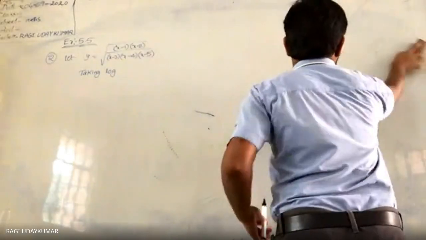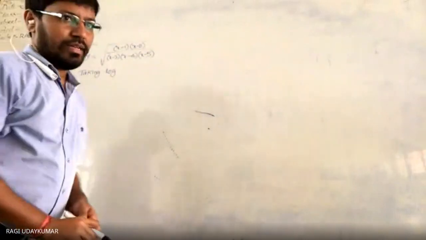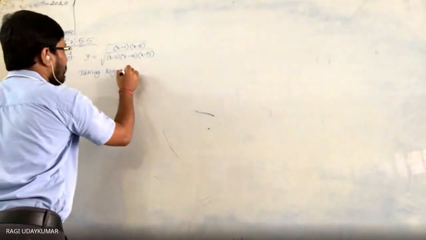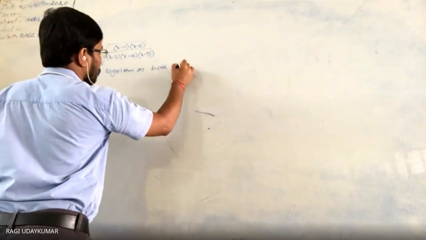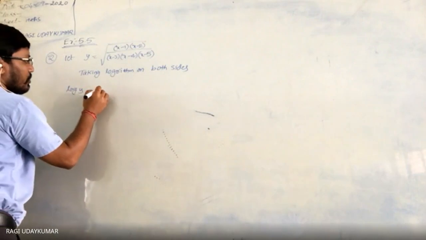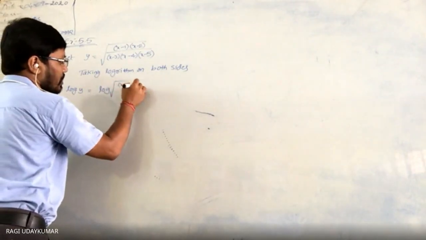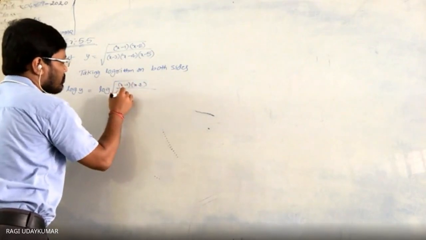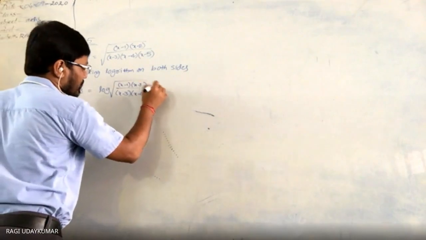So to make it simple, the easiest way, better you take the logarithm on both sides. Taking logarithm on both sides, here what you are going to get? Log y is equal to logarithm of under root of x minus 1 into x minus 2 into x minus 3 into x minus 4 into x minus 5.